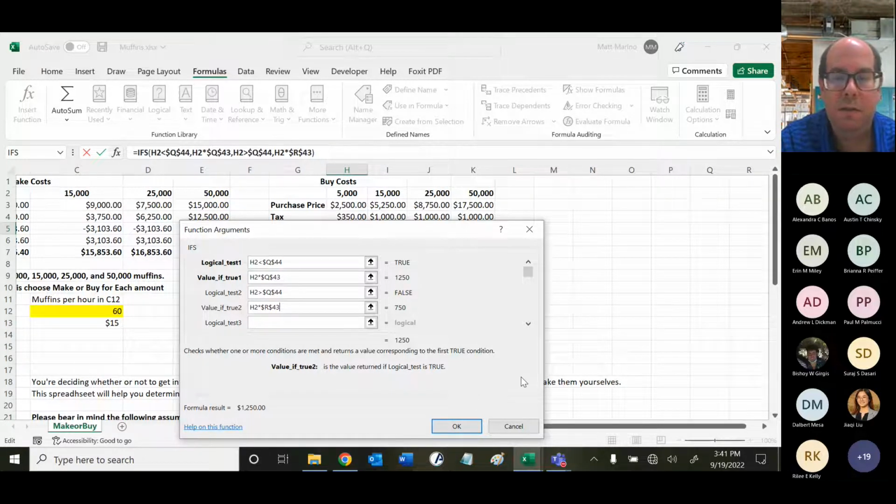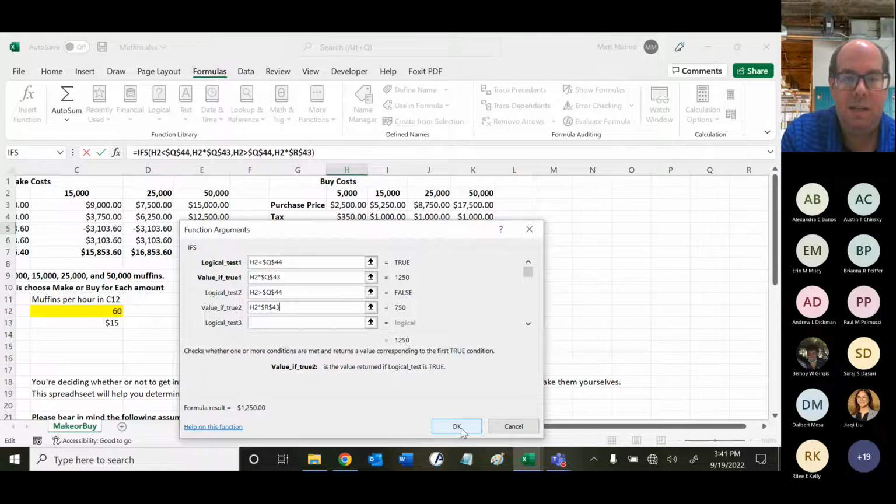So again, if you're just checking one thing, it's either true or false. Ifs, you can check multiple things. So for example, if you wanted to compute your final grade, you could use an ifs statement and say, hey, if my grade is a 93 or above, it's an A. If it's a 90 or above, but below a 93, it's an A minus.